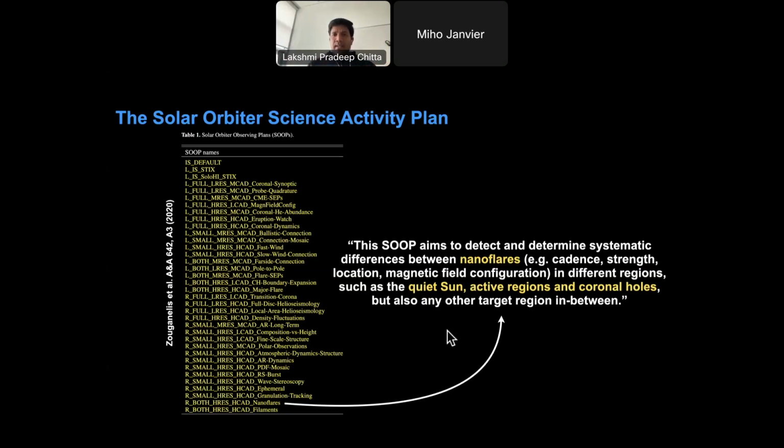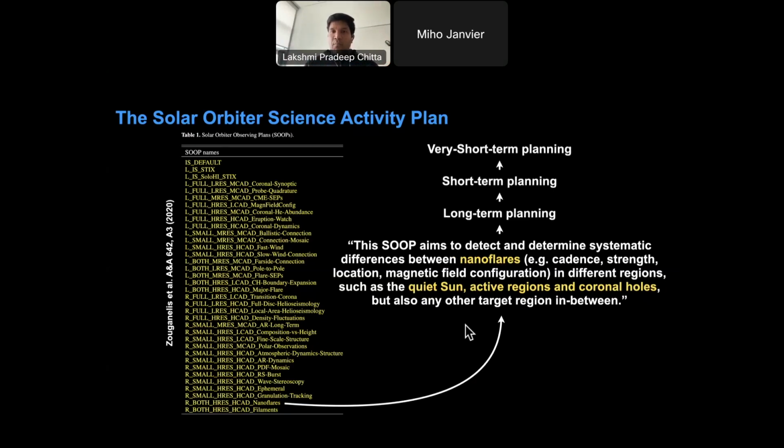So once we have this blueprint, through certain stages of planning, from 6 months long time scale to even 3-day time scales, closer to the observations, we can design a particular observation to target a particular region.